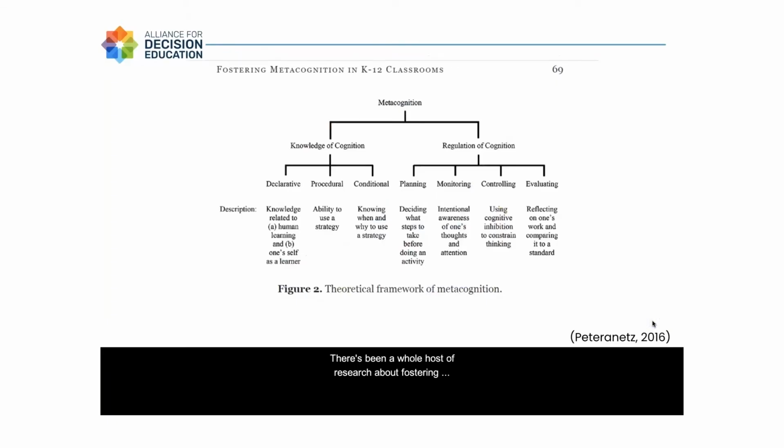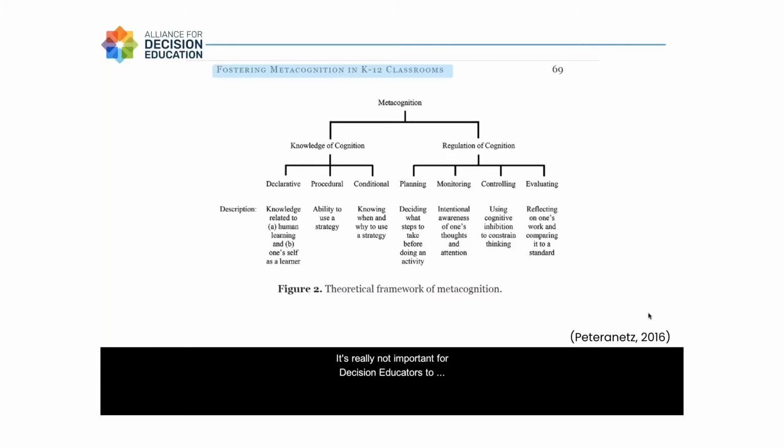There has been a whole host of research about fostering metacognition, specifically in K through 12 classrooms. And as a result of this research, we understand that metacognition is a really complex construct that's understood differently by different researchers. This diagram here is just one researcher's theoretical framework of it, and as we can see, there are lots of components of metacognition: knowledge, regulation, monitoring, evaluation.